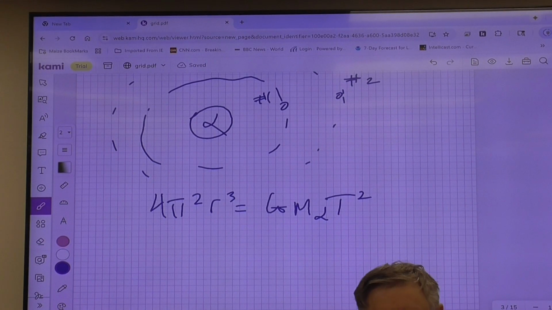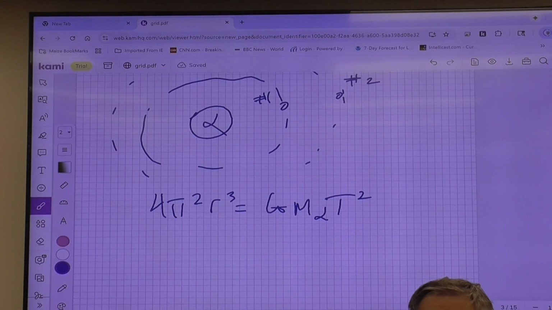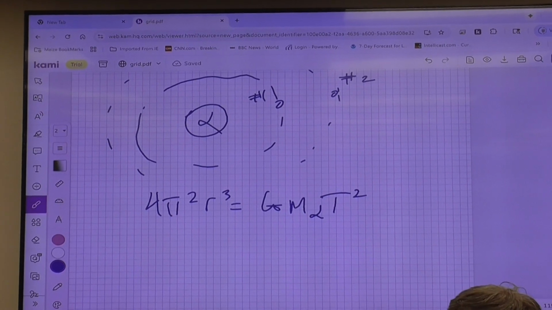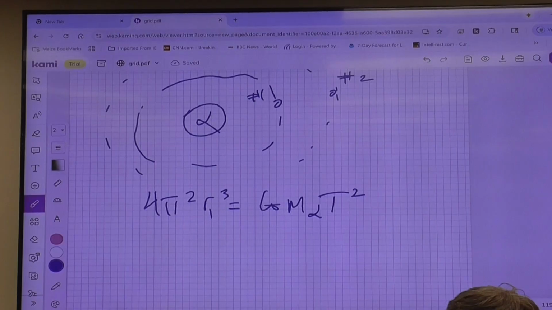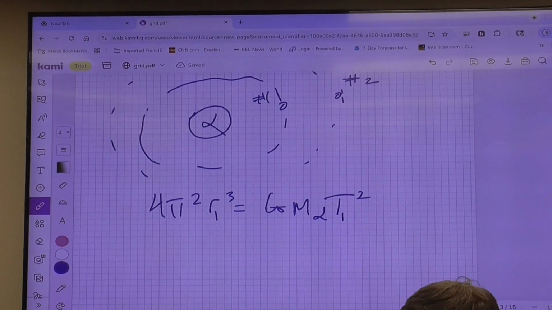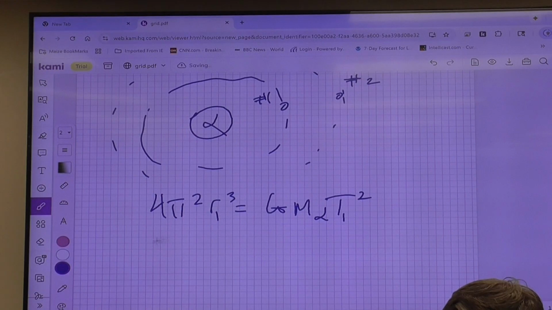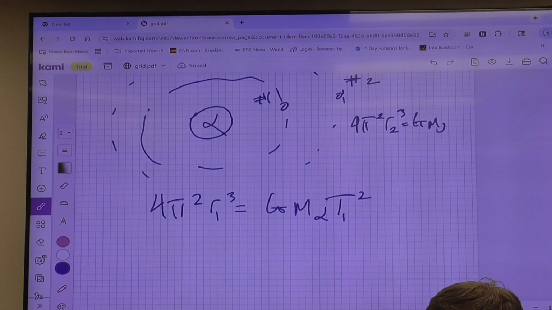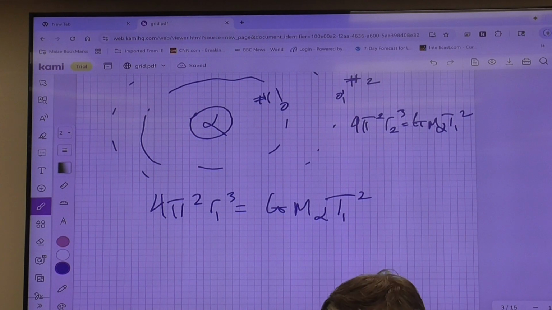You're going to need to be able to do this stuff, especially on the problems out of the book. So we're going to set this up as a ratio. This is going to be 4 pi squared r1 cubed equals big G mass of alpha over T1 squared.